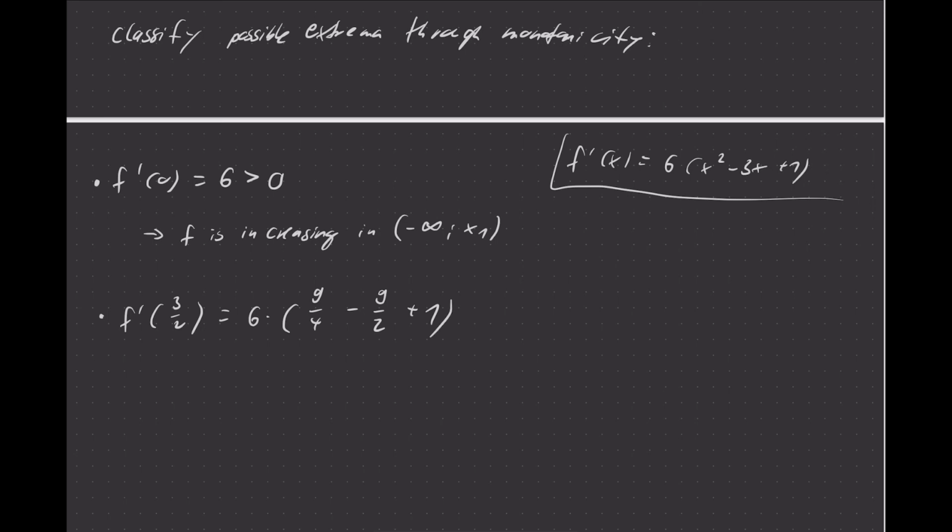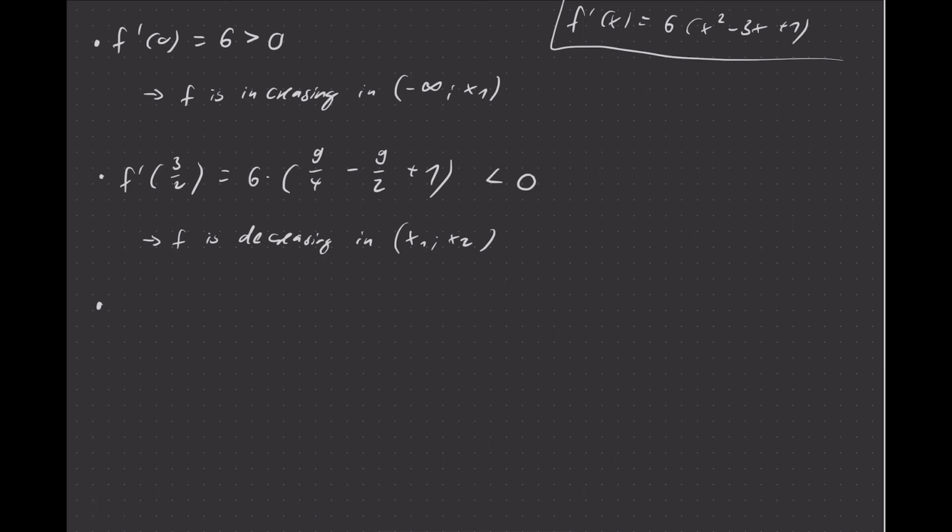So what do we get here? 9/4 minus 9/2, that is minus 9/4. 9/4 is strictly greater than 1, so plus 1 will still not get us positive. And that means this is less than 0. And what that means is f is decreasing in the interval between x1 and x2.